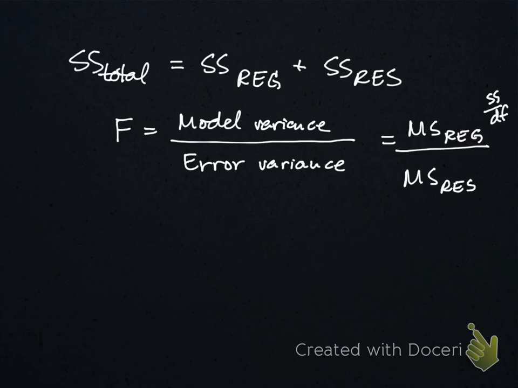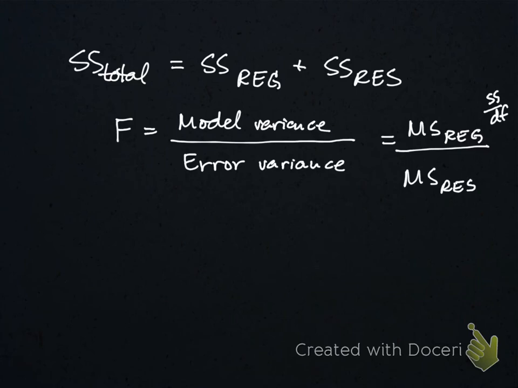So again, this F statistic is a ratio of variability between the model and the error variance, and so it's pretty intuitive to wrap your head around what drives that F statistic up and makes it more likely that we reject the null hypothesis.